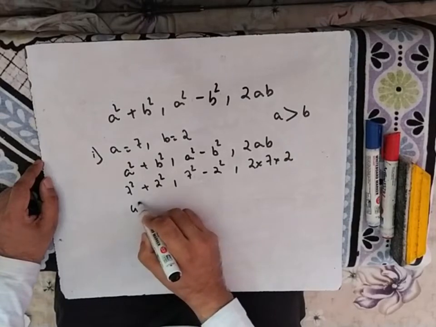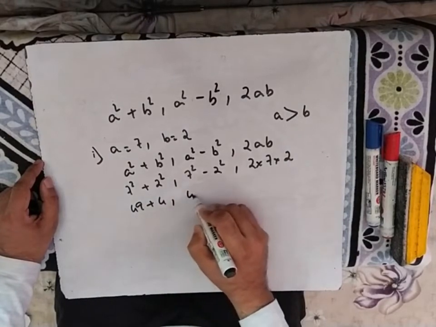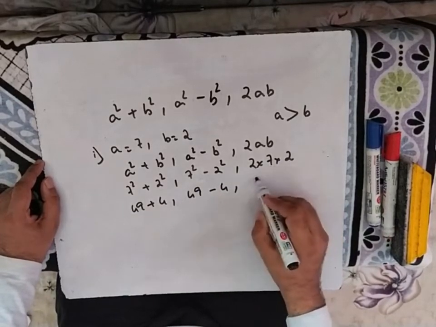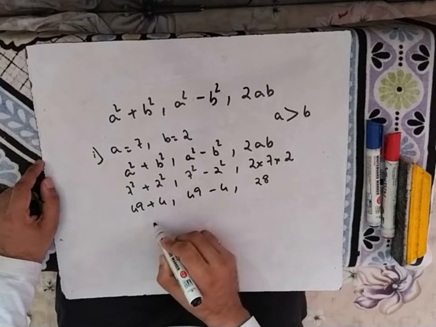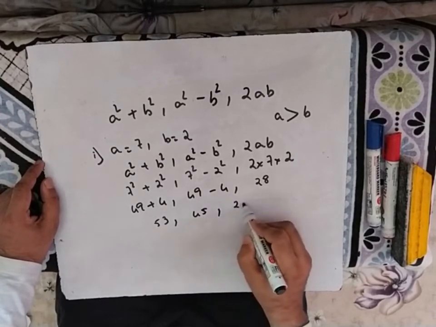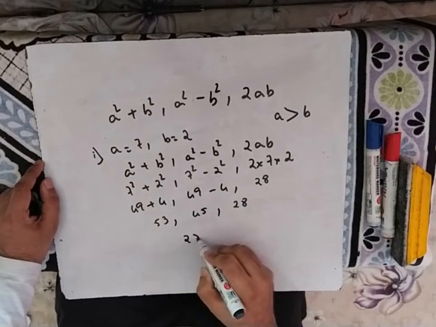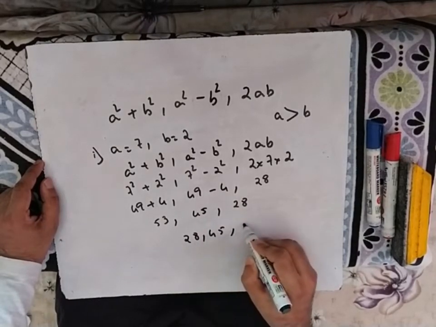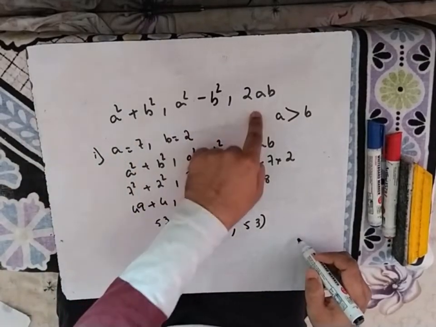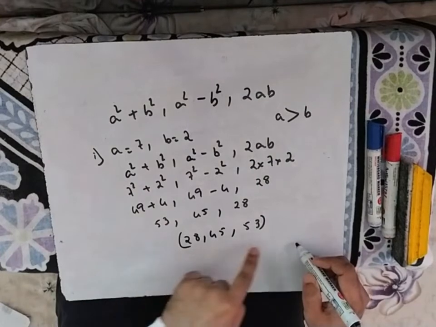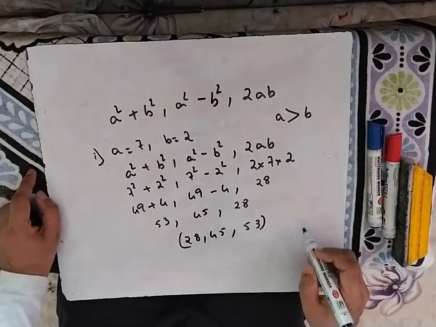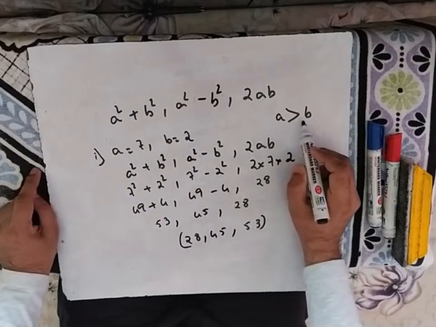What is the answer of 7 square? 49 plus 4, 49 minus 4, 2 into 7, 14 into 2, 28. 49 plus 4 is 53, 49 minus 4 is 45, and this is 28. So we get one more Pythagorean triplet: 28, 45, and 53. Using these three expressions, we have found out one more Pythagorean triplet by substituting the values of a and b, keeping in mind that a should be greater than b.